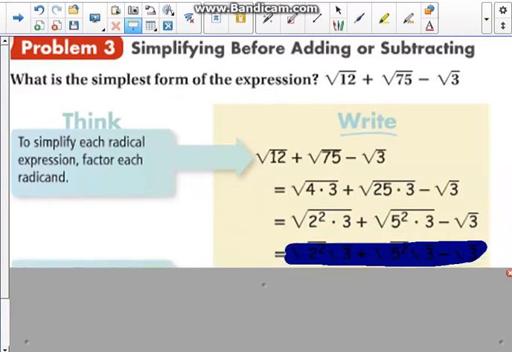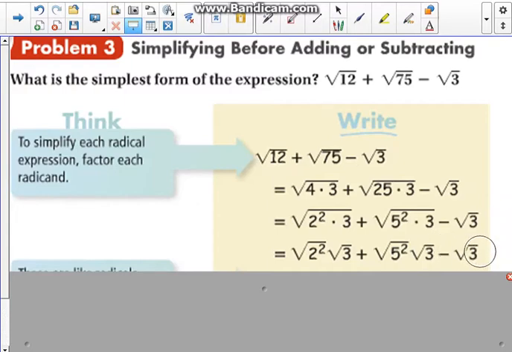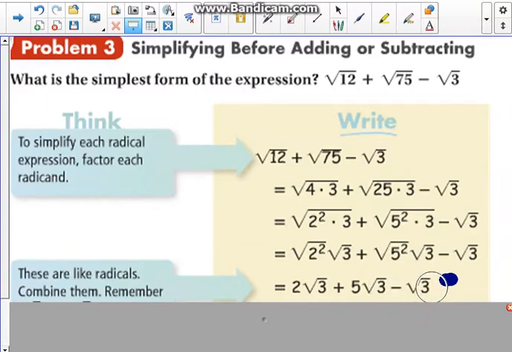Now let's continue on. So now we can separate these out: the radical of 2 squared times radical 3, and then we split this one up here, 5 squared radical 3, and then carrying down still the negative radical 3. Now we know that the square root of 2 squared is 2, so that's 2 times radical 3 plus, and the square root of 5 squared is 5, radical 3 minus radical 3.